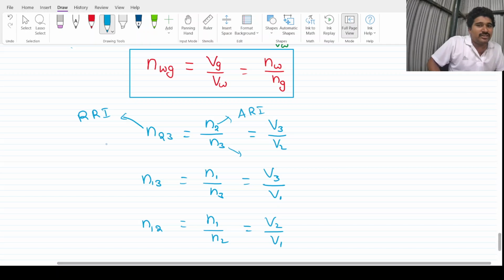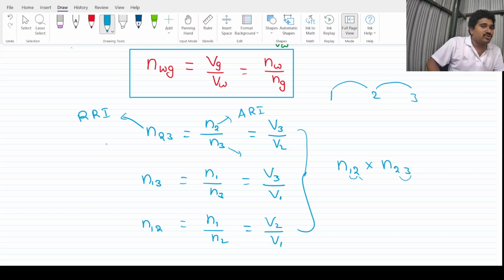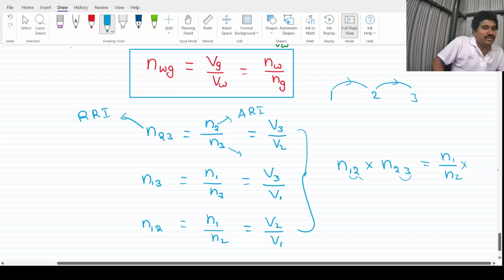Now I am doing some kind of magic with these three. I am taking N12 multiplying with N23. The connection is 1 to 2, 2 to 3. There are three numbers with me. 1 to 2 and 2 to 3, I am going to compare now. So what is N12? N1 by N2. Am I correct? What is N23? N2 by N3. Sir, you can cancel N2, N2.